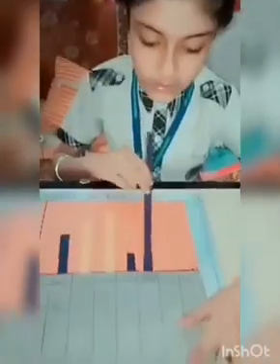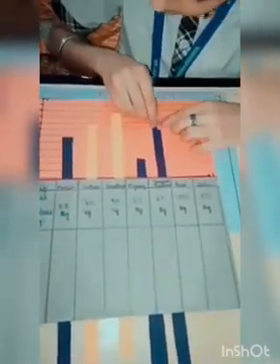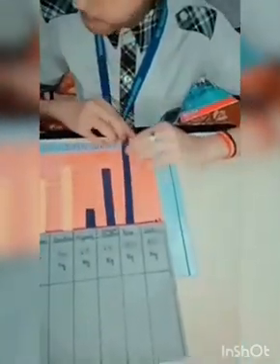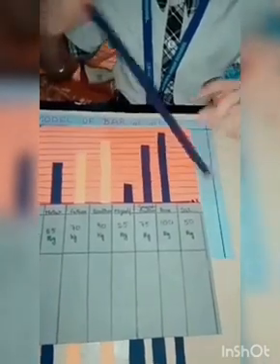Weight of my grandmother is 75 kgs. Weight of my bua is 100 kgs. Weight of my sister is 50 kgs.